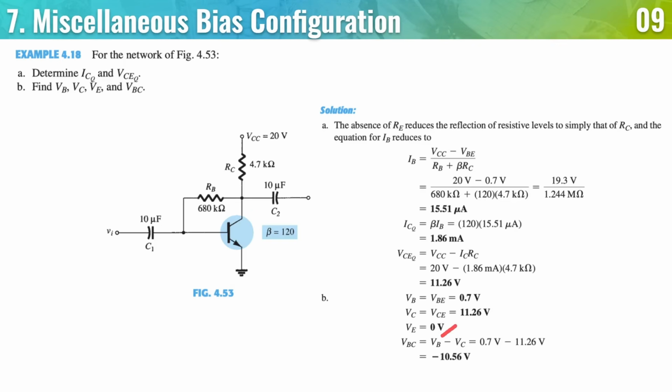And as you can see here, VE equals 0. Lastly, VBC, so going from the base to the collector, you just get this one minus this one, and you get negative 10.56. Now, you should know that if you see a negative sign, you can double check it. Don't just ignore it in your final answer because sometimes it's important. Based on the characteristics that we described earlier, we know that the currents are going this way, and this way. So naturally, if we are going to get a voltage going in this way, it's going to be negative. So don't erase the negative sign in the final answer because you will need it.